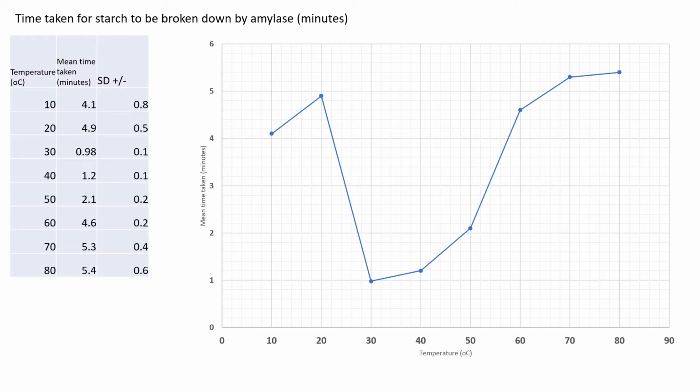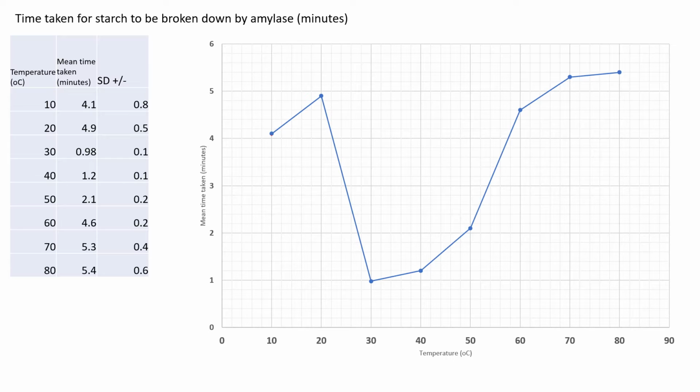So we're going to look at the first one here, 4.1, and the standard deviation, also for 10 degrees Celsius, which is 0.8. The easiest way I find to do it is to first of all calculate the highest and the lowest values. You're going to be plotting 0.8 above the mean here and 0.8 below the mean.